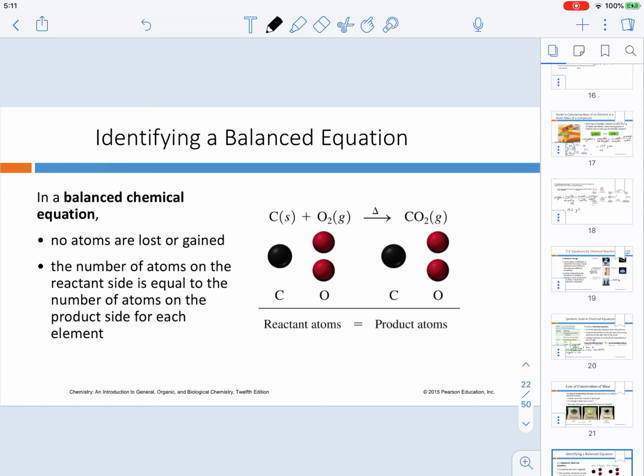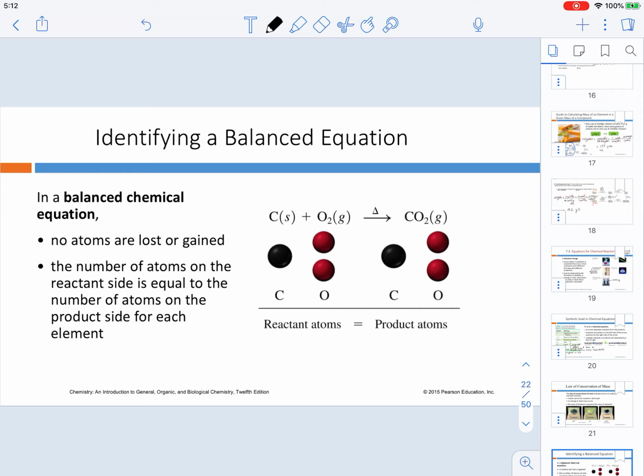Now, as I was just mentioning, when we have a chemical reaction, we actually need to write a balanced chemical equation, because that balanced chemical equation is respecting the law of conservation of mass that is present in chemical reactions. So in a balanced chemical equation, as you can see, no atoms are lost or gained. That means that the same elements that we start with are the same elements that are going to be in the products. Now, the number of atoms on the reactant side has to be equal to the number of atoms that we have in the product side.